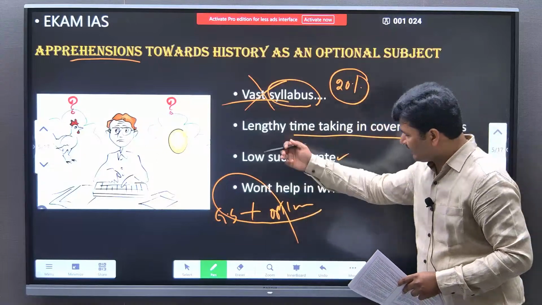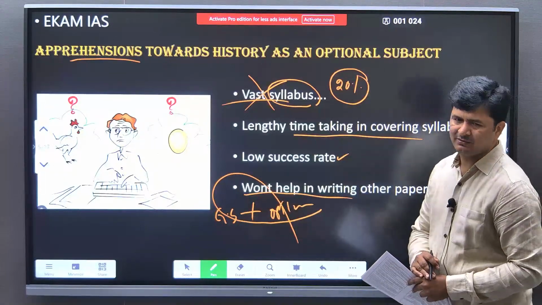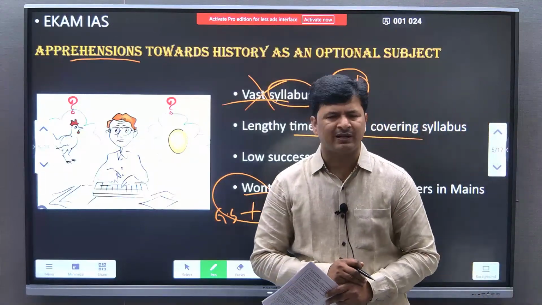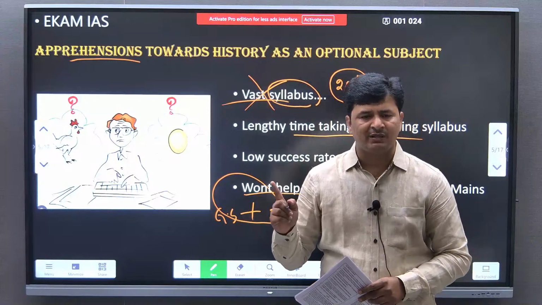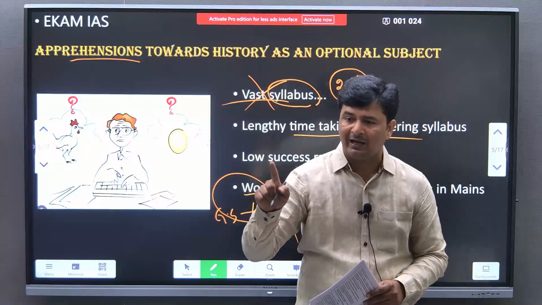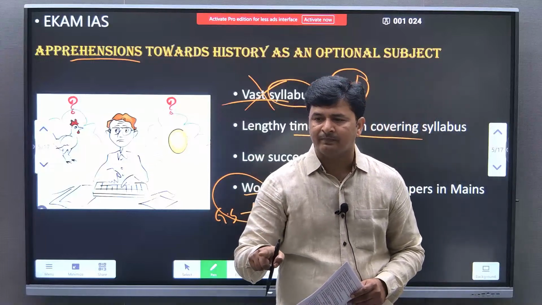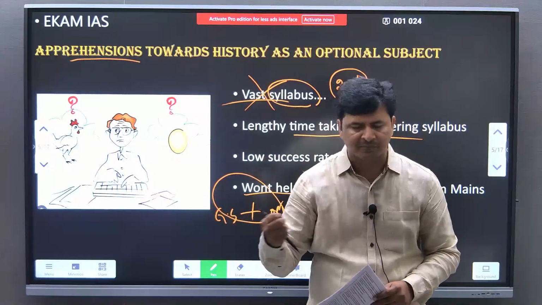Next, another myth we found: it won't help in writing other papers in mains. No, this particular myth is outrightly ruled out. Right? If you select history as an optional, definitely it is going to help you in writing, including the general essay and GS paper one.